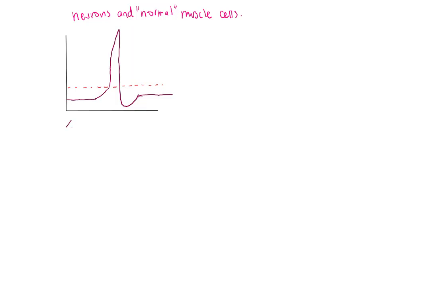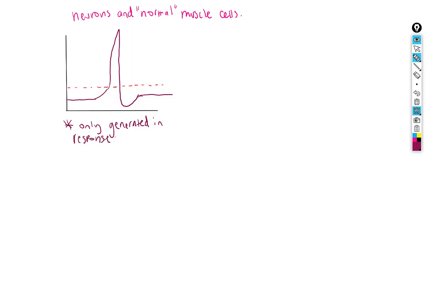And these are only generated in response to stimuli. So you need to do something to the cell to make it experience that waveform. It doesn't just happen by itself, usually.